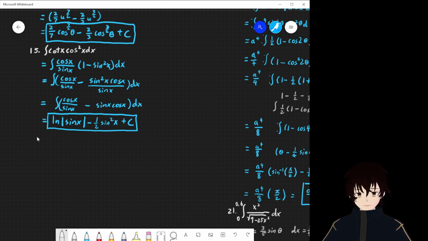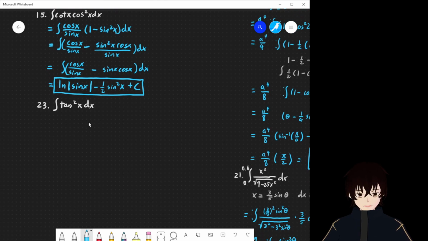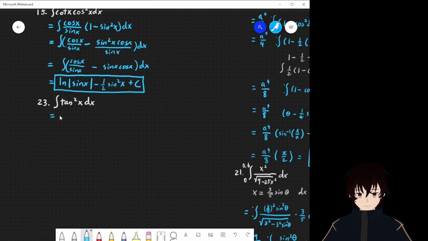Once we're done with number 15, let's move on to number 23. Number 23 wants to know the indefinite integral of tangent squared x dx. Okay, this is actually a really easy one, because tangent squared x is equal to secant squared x minus 1, right?